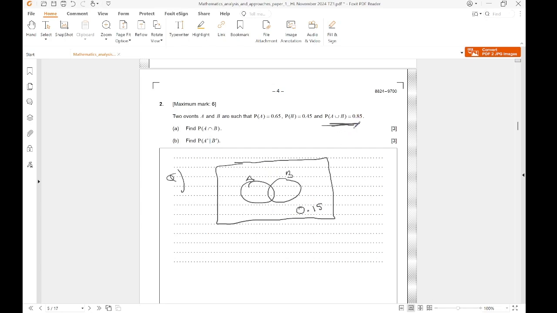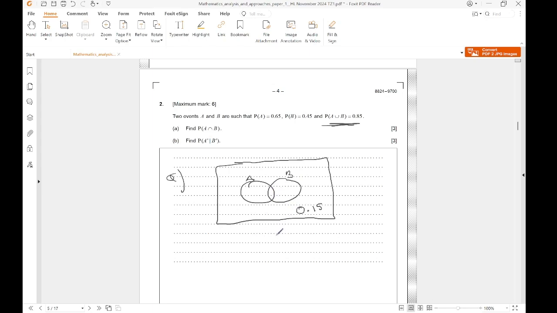Now they said A union B is 0.85, and P(A) and P(B) values are both given over there. So you have to find the intersection, which finally gives you that value.